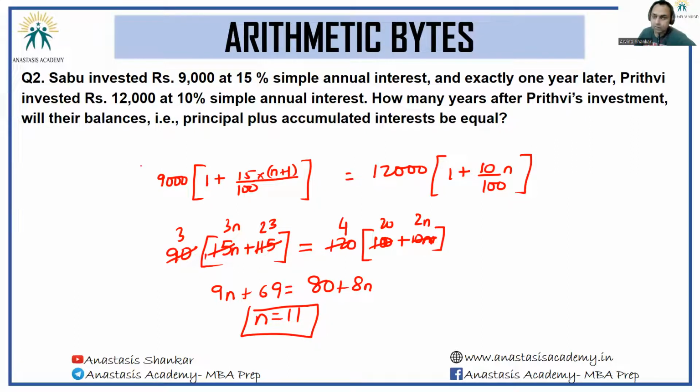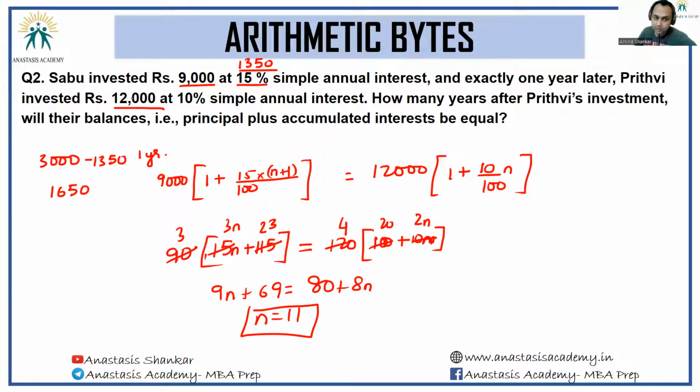There is an alternate way, APGP sort of way to think of it. Can you see? Every year this person is getting 15% interest, or can I say the interest amount is 1350 earned every year? The gap between them is 3,000 initially. So in the first year, the gap reduces by 1350, and the gap now remaining is 1650.